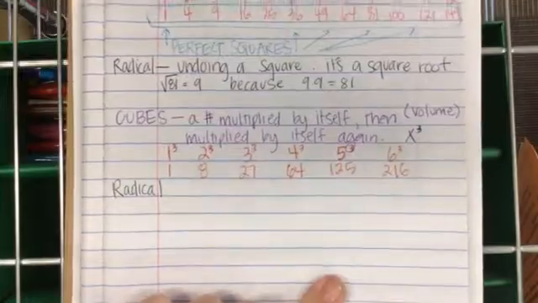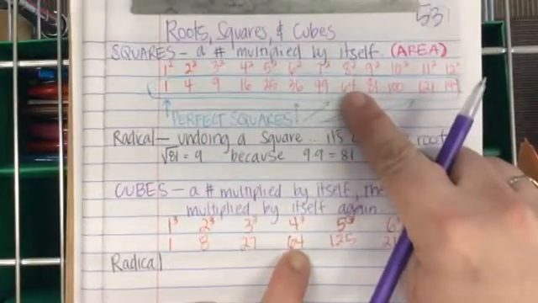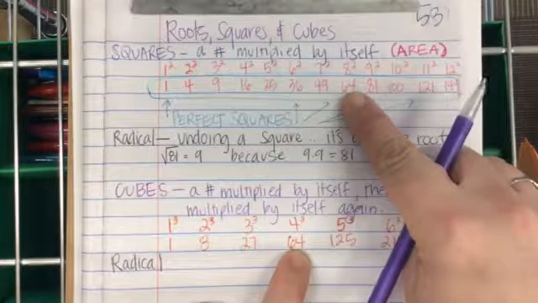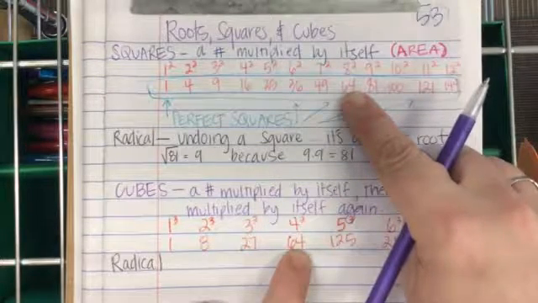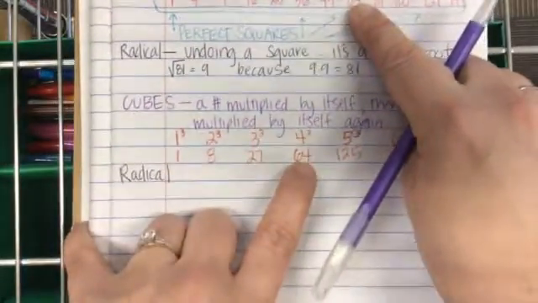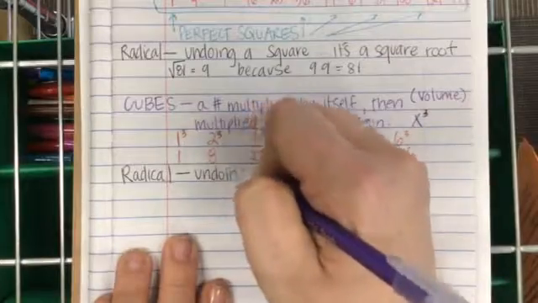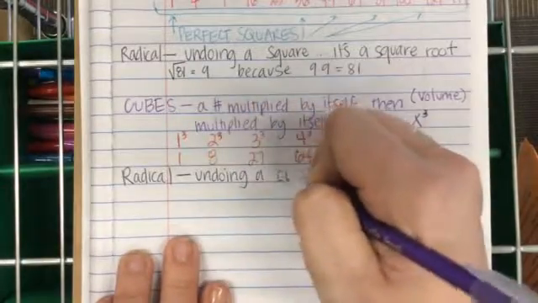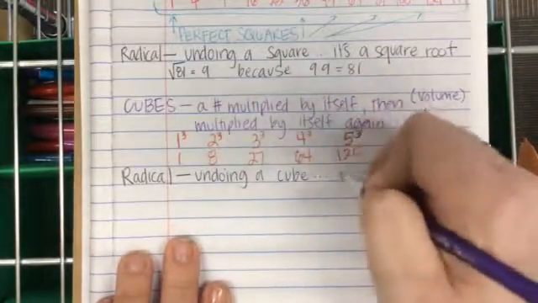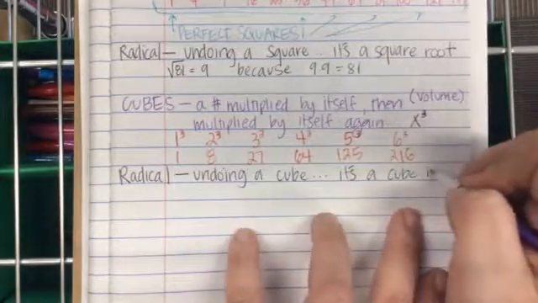But here's my problem. 64 and 64 are in both problems. So how do I differentiate if I'm taking the square root or the cube root? Here's how you do it. If you're undoing a cube, it's a cube root.